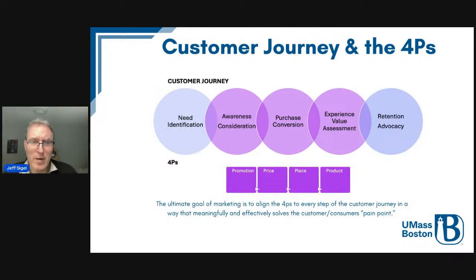Where am I thinking about going for dinner? And I of course have mentioned before that I worked at Cracker Barrel. And because people often think of Cracker Barrel as a breakfast restaurant, we were often not even in the consideration set for dinner. And so we were trying to grow our dinner offerings.